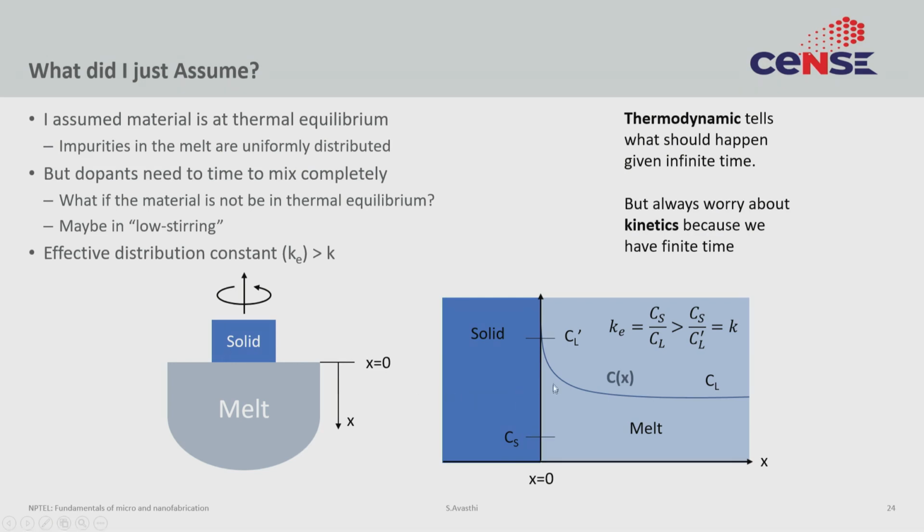So, the concentration of impurities near the solid will actually be higher than the concentration of impurities deep in the melt. Now, this is a kinetic effect, so you need to be a little more careful. Practically what that means is the effective distribution coefficient that you would observe in your process will be a little higher than what theory tells you. So, this is the net effect because of this piling up effect.